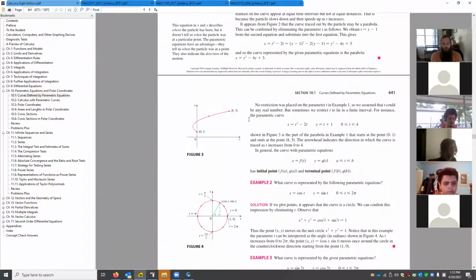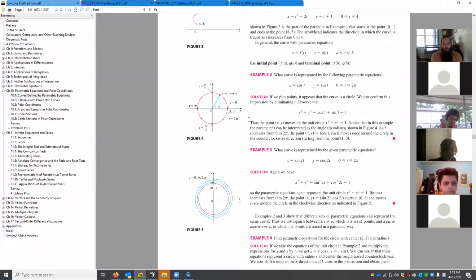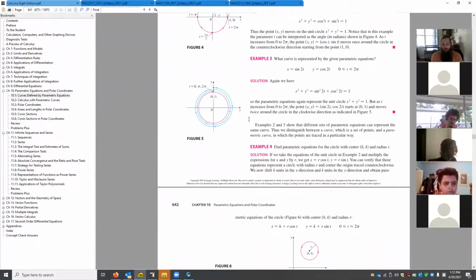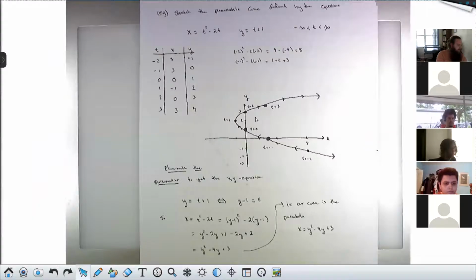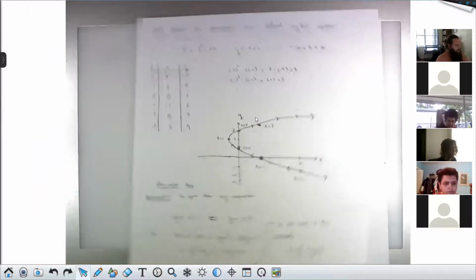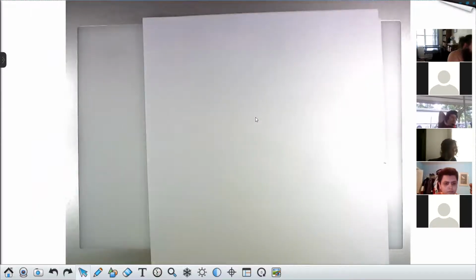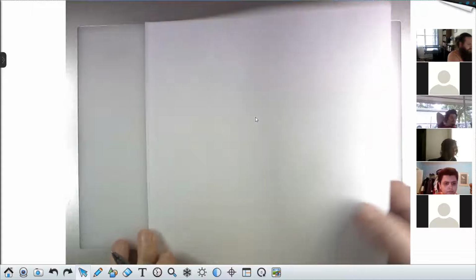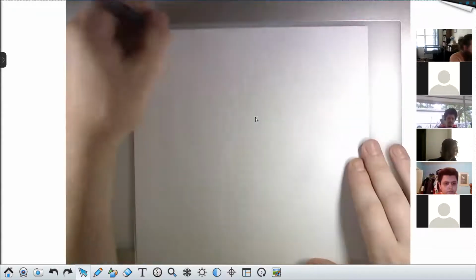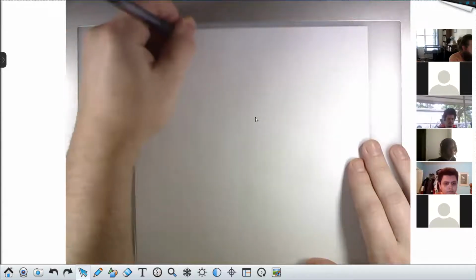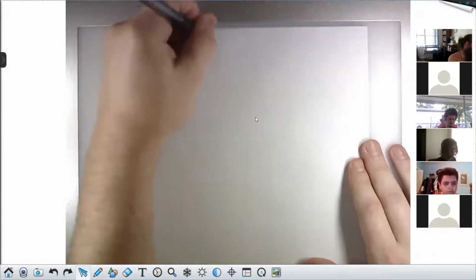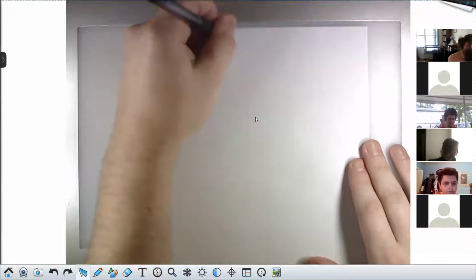Okay, so yeah, I guess it's time to talk about these things. I would like to do one more example here. Same stuff, sketch a parametric curve.